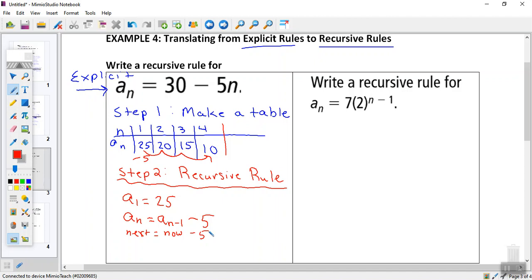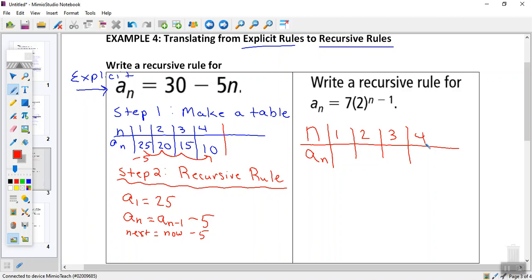Okay, you guys help me with the next one. Step 1 to write a recursive rule for an explicit format, do what? Table. Here's the table. How many places do you want to go, kiddos? 4 is good. 1, 2, 3, 4.